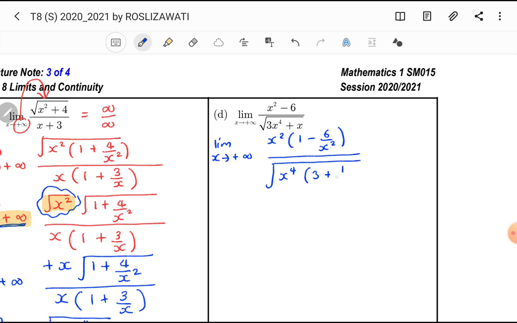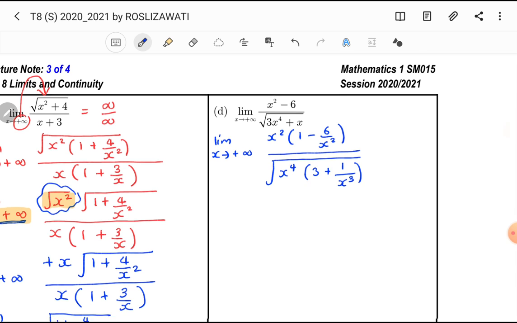3 plus 1 over x power of 3, kan? Okay. So next, kita akan dapat. Okay, tolong kira awak akan dapat apa rasa-rasa ni. Okay, kat bawah kita ada square root of x power of 4, and then ada juga belakang dia tu 3 plus 1 over x squared.